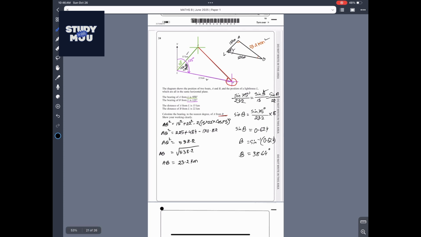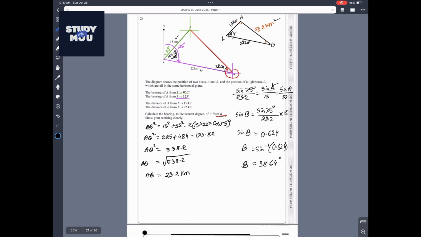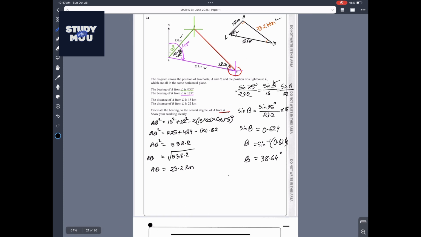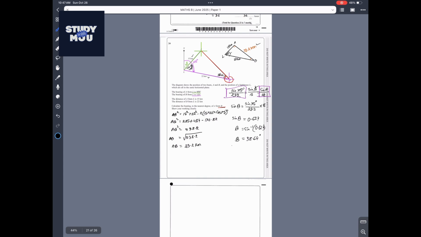So when we know angle B, this part is 38.64. Okay. Now let's find out sine A. Sine A equals sine 75 degrees divided by 23.2, multiplied by 22.